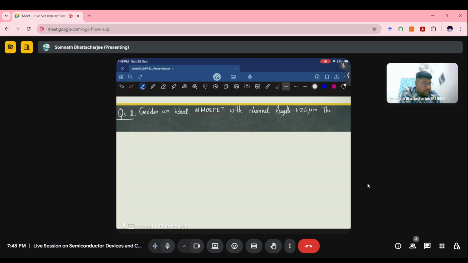So the channel length is 1.25. The mobility of electrons is 650 centimeter square per volt second, and the threshold voltage is 0.65 volts.